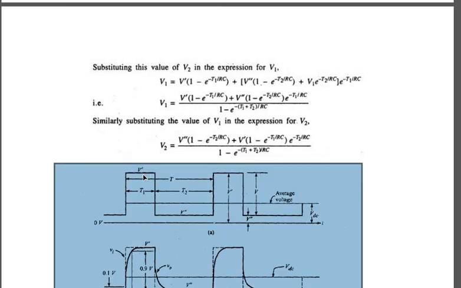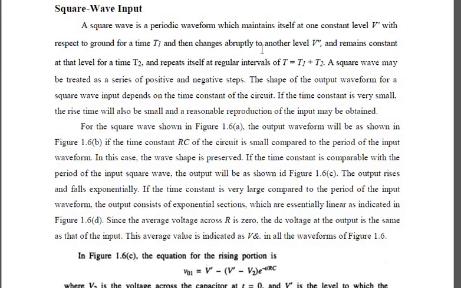This is the voltage level, or you can consider it as an amplitude level. At the t2 time interval, it will be taking the voltage level V double dash, and again this cycle will be repeating for the particular number of time intervals that you have kept. So these are the series of positive and negative time intervals that will be given in your input voltage. So a square wave may be treated as a series of positive as well as negative steps.